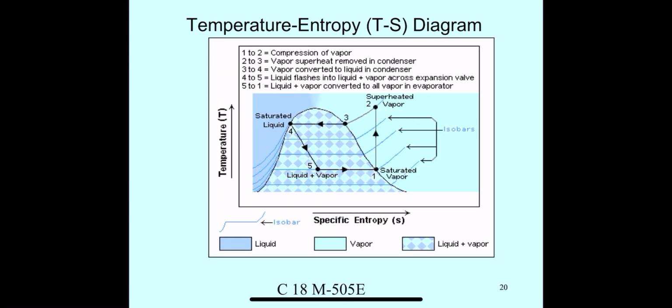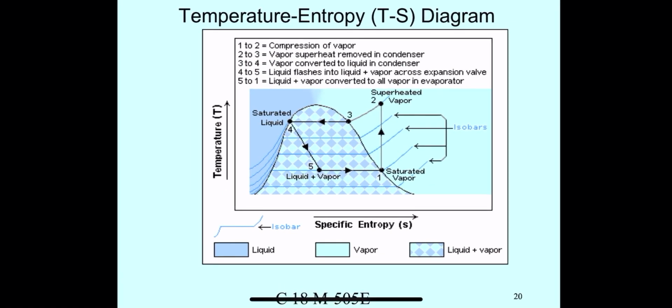So this is the process on the temperature entropy diagram. If you see the temperature entropy diagram, the 1 to 2 process is compression of vapor, where compression takes place. These are the isobars. Saturated vapor is converted into superheated vapor.